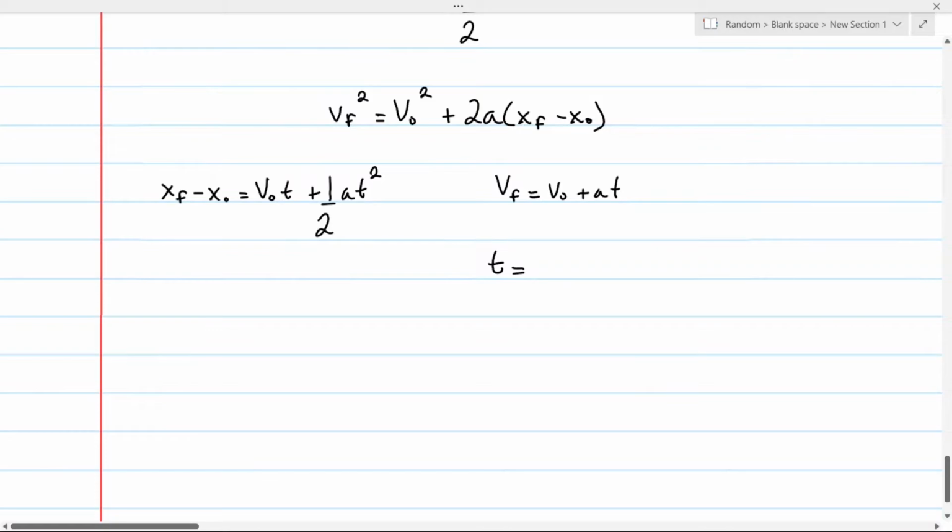Rearranging this equation for time, so that I can then substitute it into this equation.